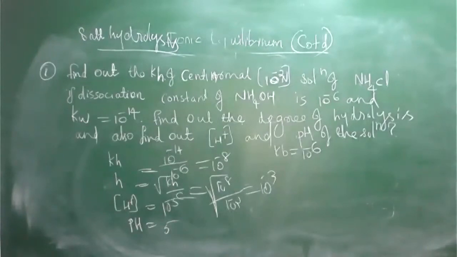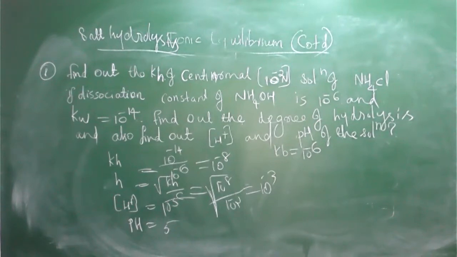Root of Kh divided by C. Kh is 10 to the power minus 8. Concentration is 10 to the power minus 2. H plus is Ch, no?